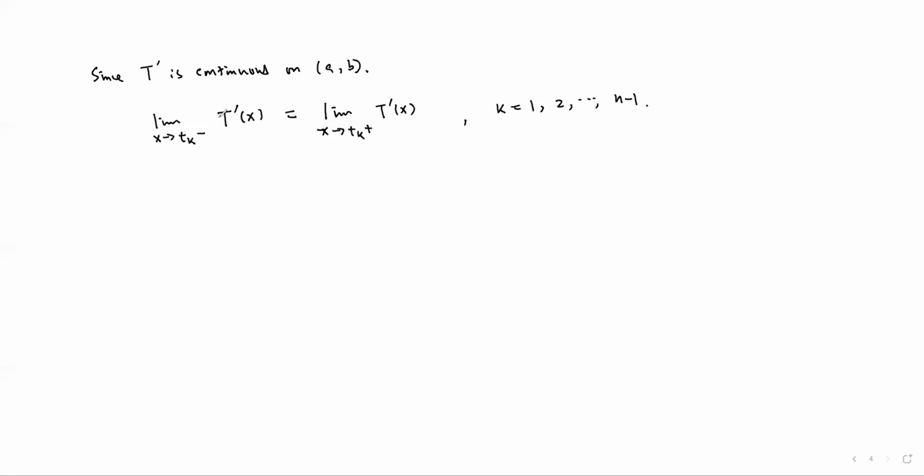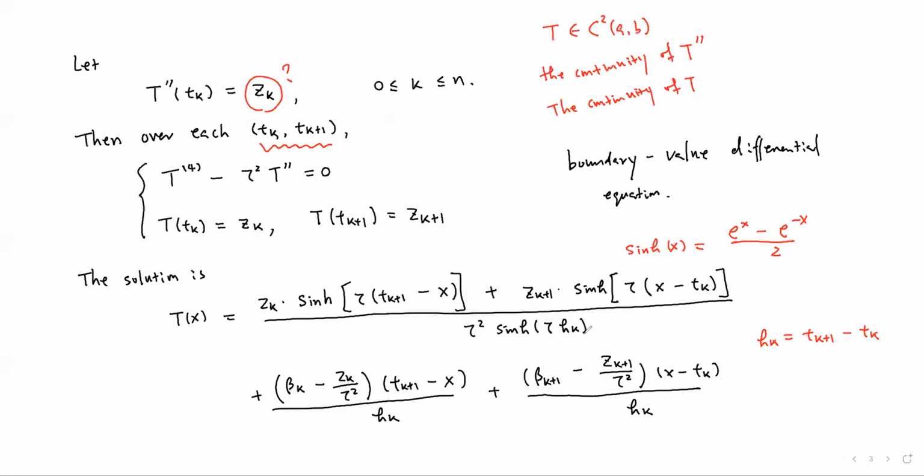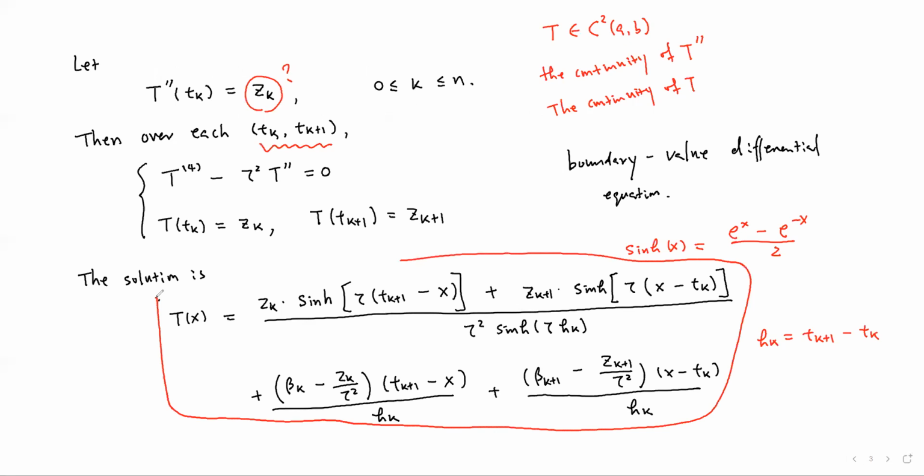Now, go back to this function. This function is defined from tk to tk plus 1. Now, I let x approach tk from the right side.